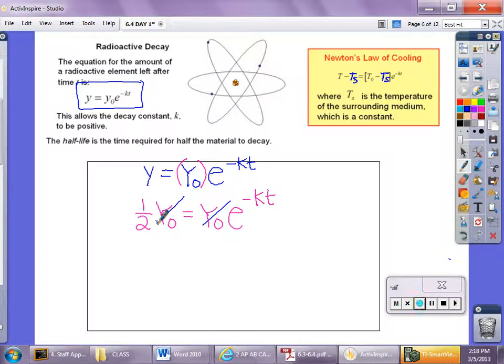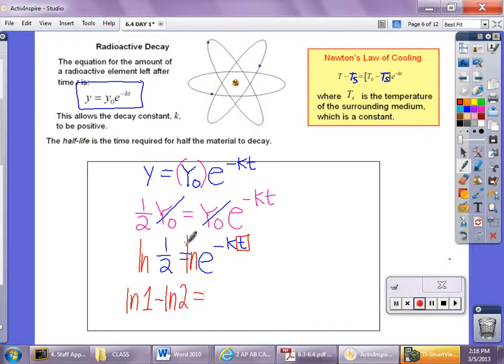And let's say that we want to solve for how much time it'll take for the half-life. Well, on the right side, I would want to isolate this t for time, so I'm going to take the ln of both sides. And we end up with the ln of 1 divided by 2 is the same thing as ln of 1 minus the ln of 2 equals negative kt.